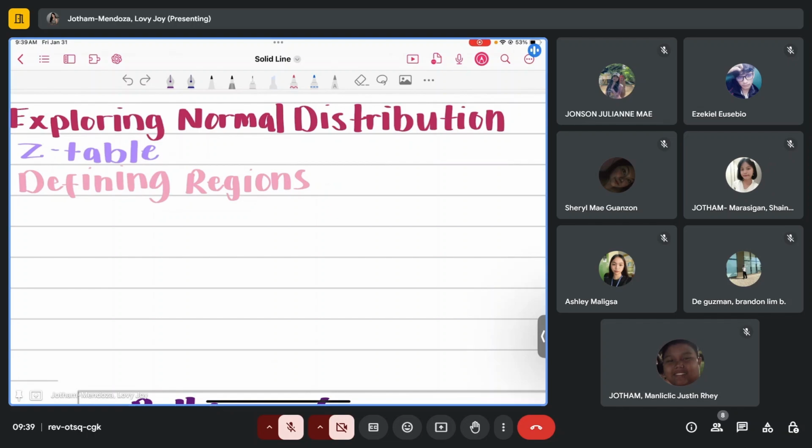Okay, nice. And different regions of the curve help us interpret data. While the z-table helps us to... Okay, Kiel, do you want to answer? Find probabilities, po.